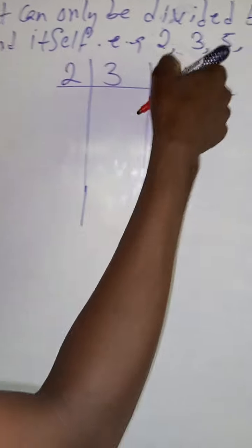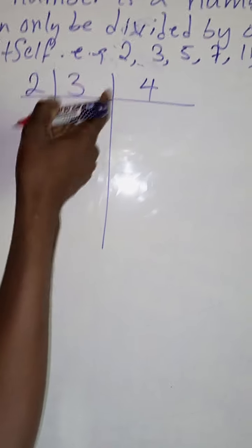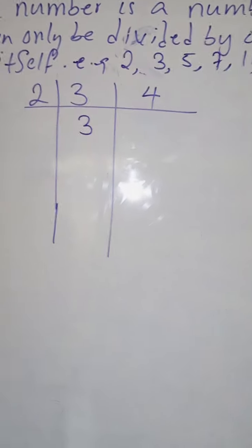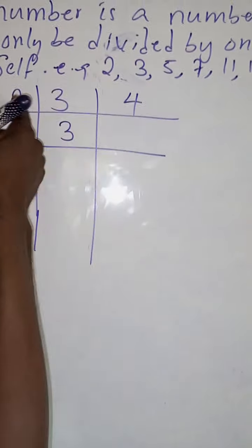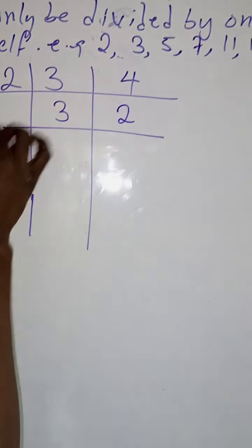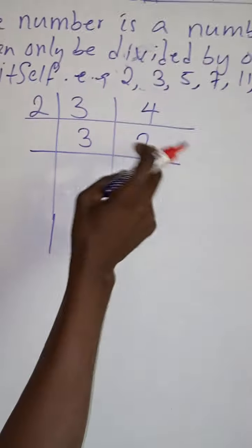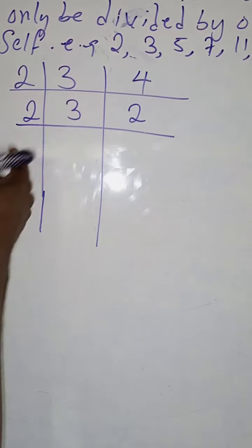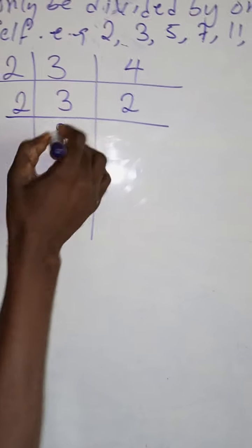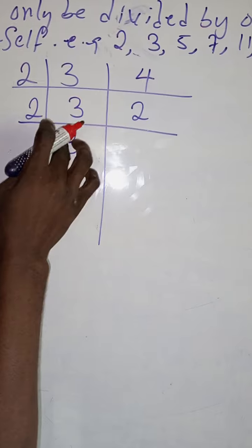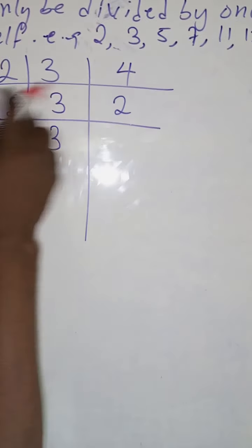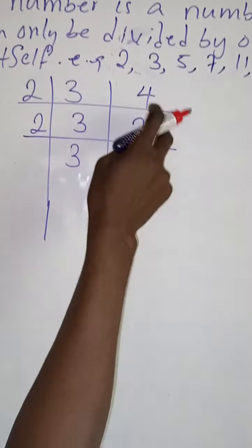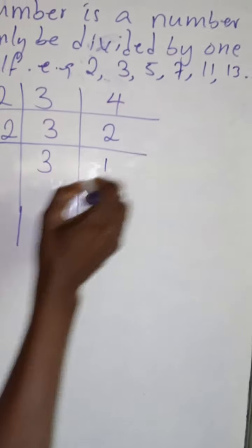Now, see that 2 can divide 4. 2 in 3, that is not possible. I'll let the 3 remain. 2 in 4, 2. Since 2 can still divide there, I'll still make use of 2. 2 in 3, I will let 3 be, since 2 cannot divide it. So 2 divided by 2 is 1.